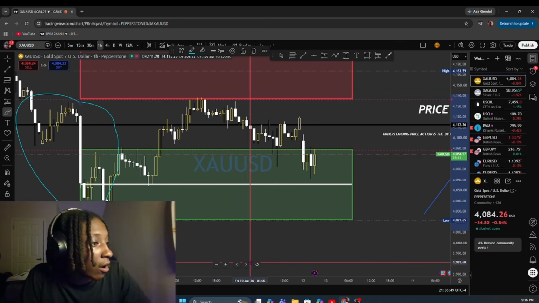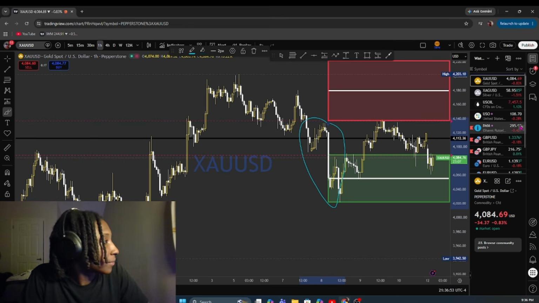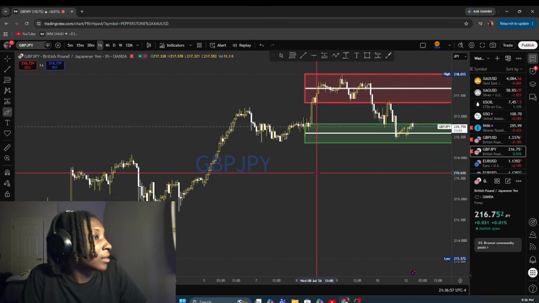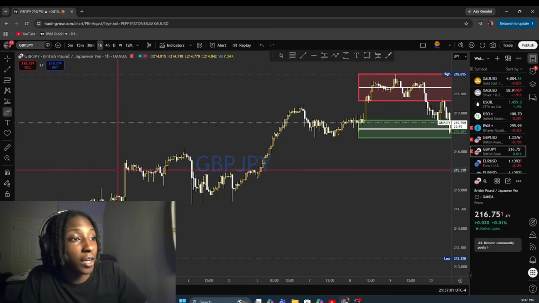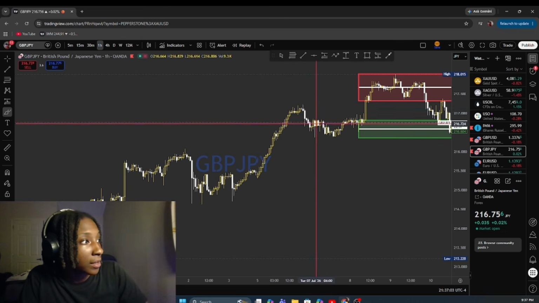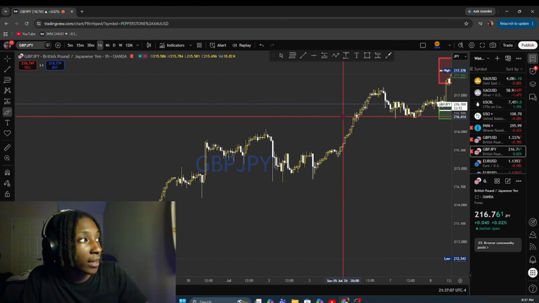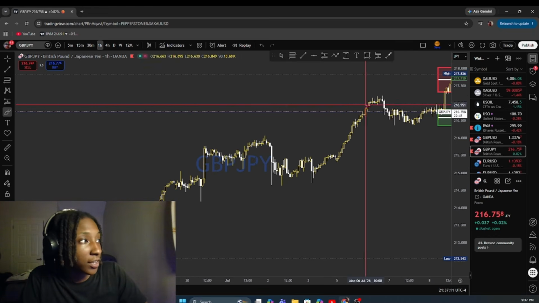But overall, actually, let me go to a different pair. JPY. So right here, you can tell we're currently in an uptrend, right? And currently the buyers are in control from this point that we're in an uptrend.